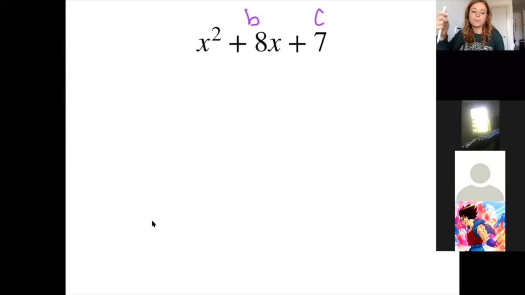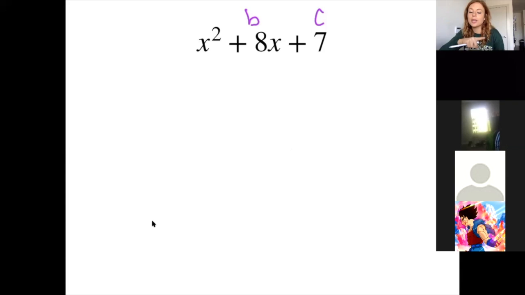Yeah, Camille. Anybody else got it? Yep. To the person that just said 4 and 2: does 4 and 2 add to be 8? It's got to multiply to be 7 and add to be 8.